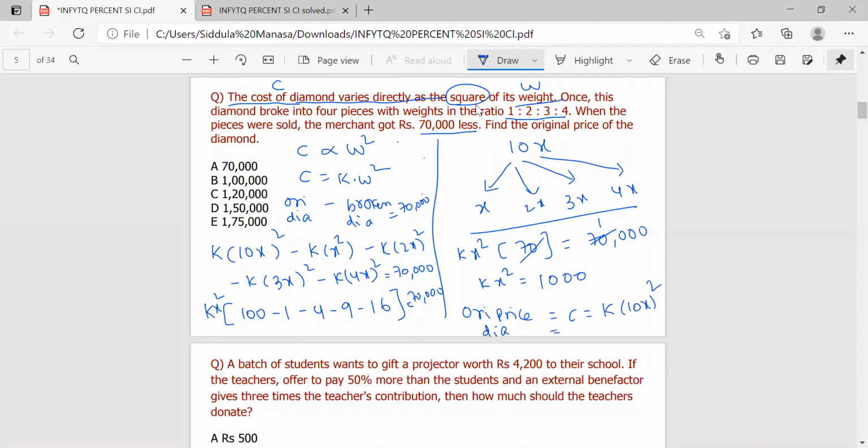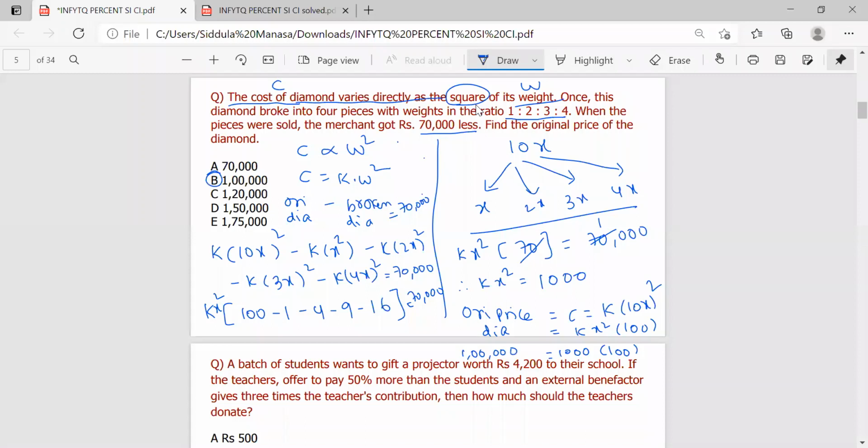So that will be Kx square times 10 whole square, which will be what? 100. Now we know that Kx square value is 1000. So replace. So 1000 into 100. So 1000 into 100 is nothing but what? 1 lakh. So that means the original diamond cost is 1 lakh. Original diamond cost is 1 lakh.